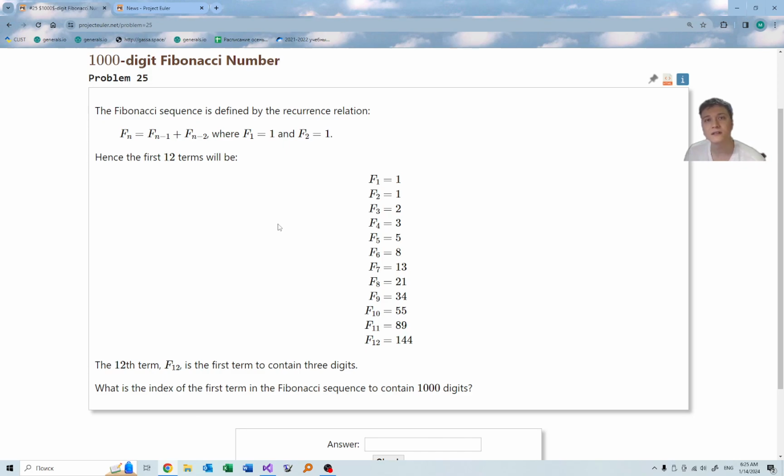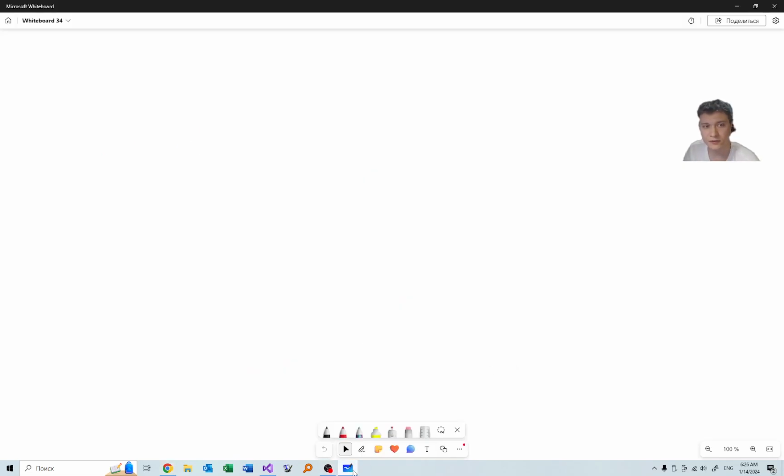So to apply it, let me turn on my whiteboard. Okay, so I have a whiteboard. The Fibonacci sequence is a particular partial case of a common thing called linear recurrence.